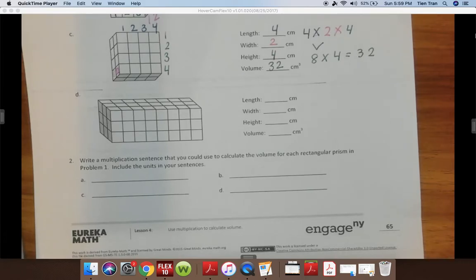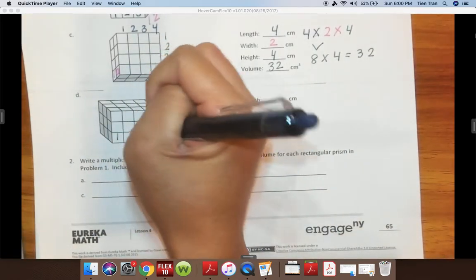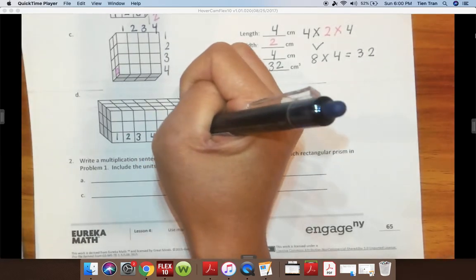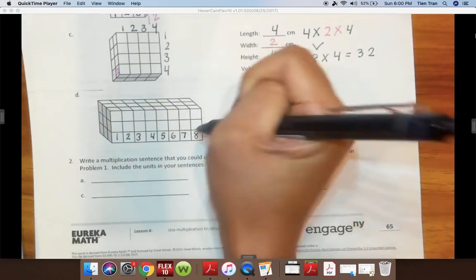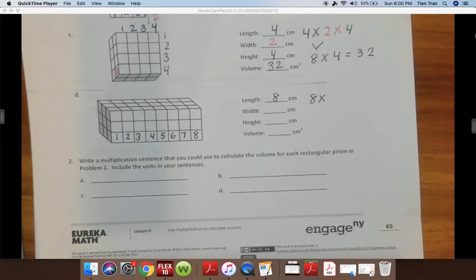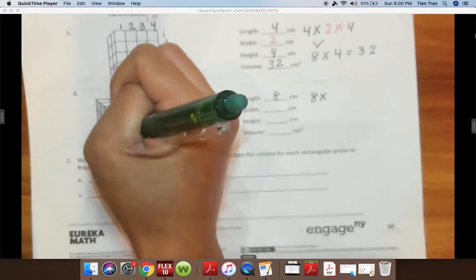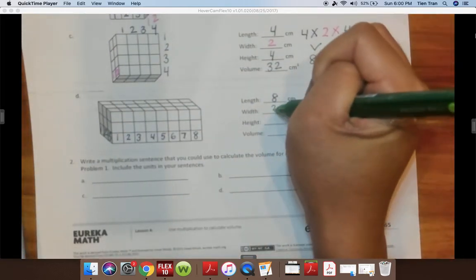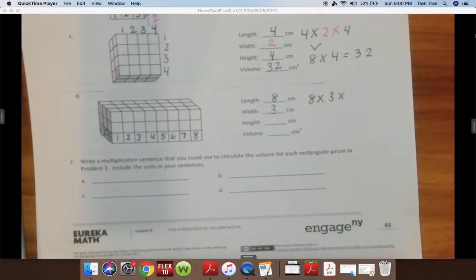Next, I have another rectangular prism, so I'm going to count my length. 1, 2, 3, 4, 5, 6, 7, 8 is my length. And I'm multiplying it times my width. So how wide my object is. 1, 2, 3. And then I'm multiplying times my height.